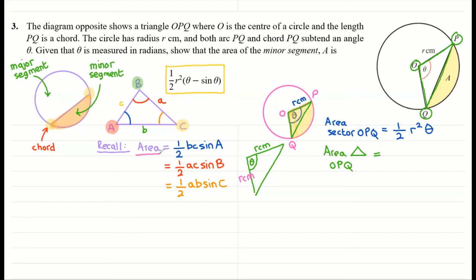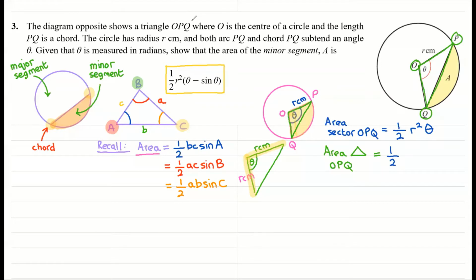And I can use my formula that I talked about a few minutes ago. Now, it doesn't matter which one I choose because the two sides are like BC, AC, or AB. It doesn't matter. The two sides are going to be R in all cases. And the angle is always going to be theta. So in other words, the area is going to equal 1/2. Then I've got my two sides, which are both R, and then my angle in the middle, which is theta.